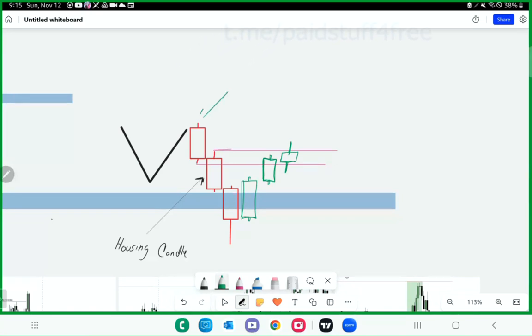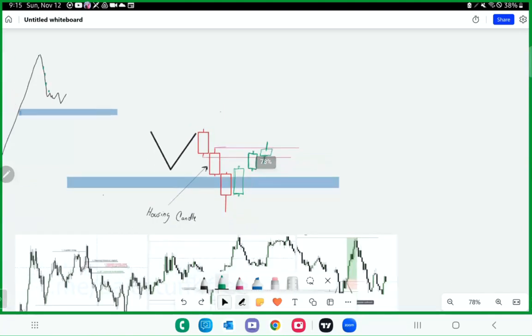I don't have to worry about that candle. I'm going to do all of my work off of this, from the starting point of this candle down to the low. So let's go back through the steps.